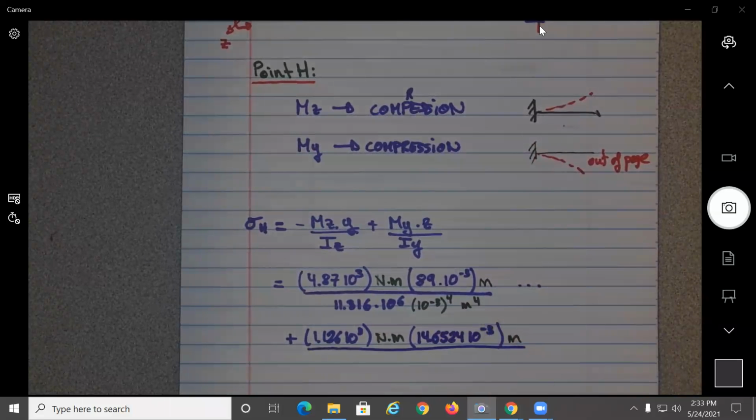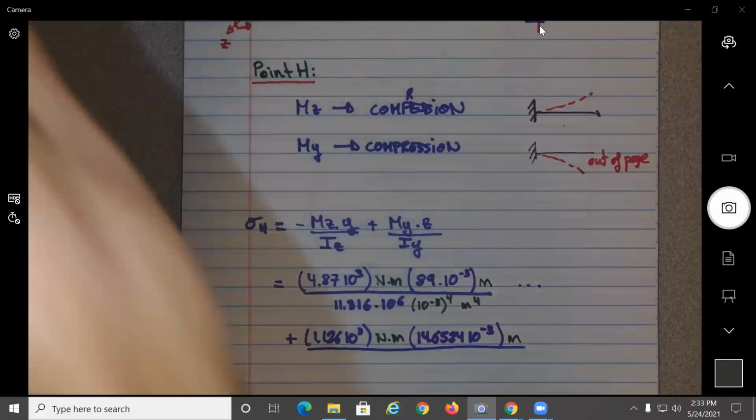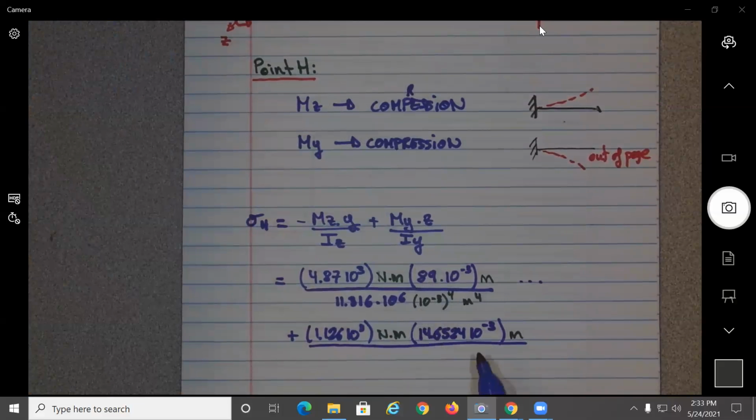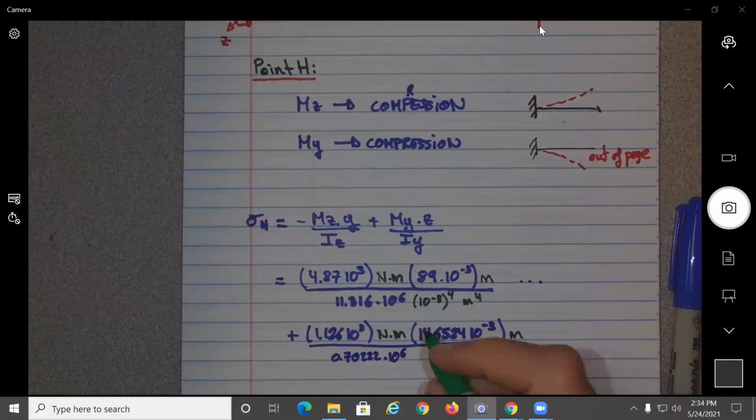Divided by the I sub Y, which we said was equal to 0.70222 times 10 to the 6, and we do the same thing over here, times 10 to the minus 3 to the fourth.